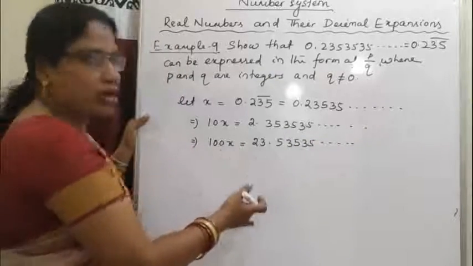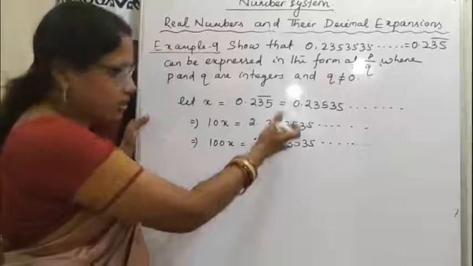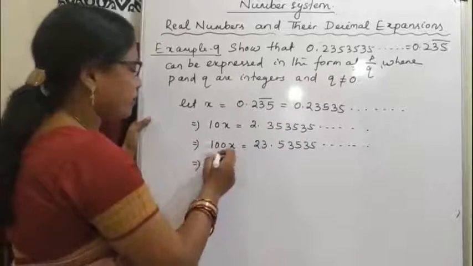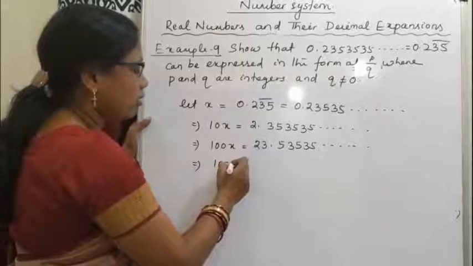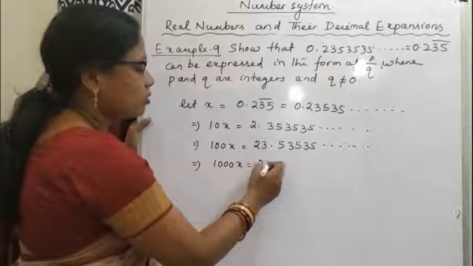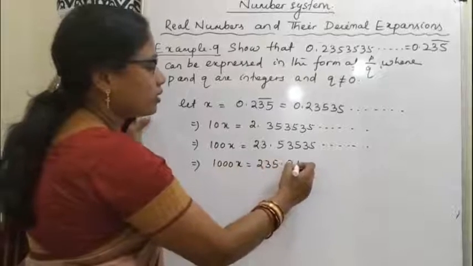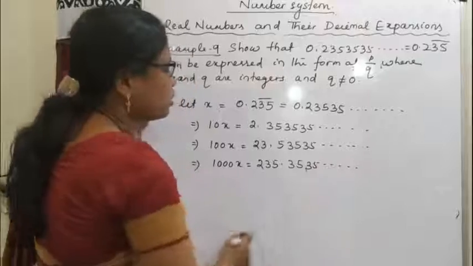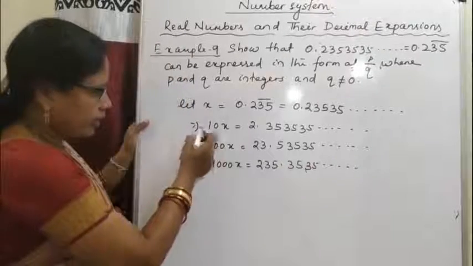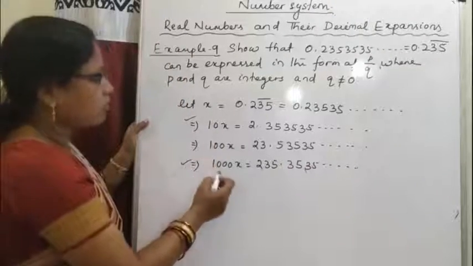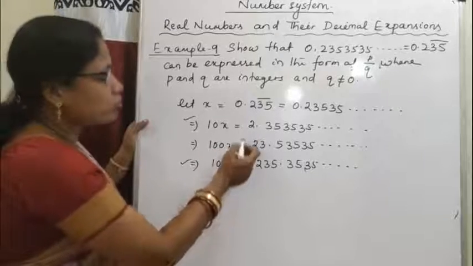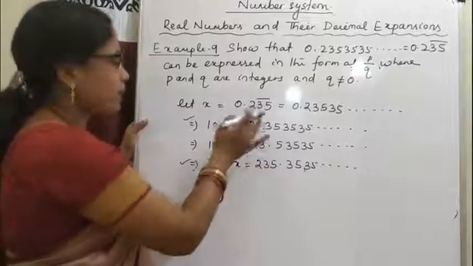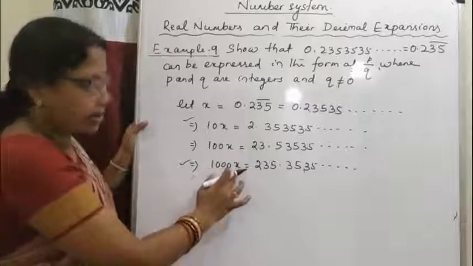So here also we have not got the same digits after the decimal point. So again we have to multiply by 10. So 1000x is equal to 235.3535 up to infinity. So here observe, in case of 10x and 1000x, these two have the same decimal part. So we can subtract 10x from 1000x.